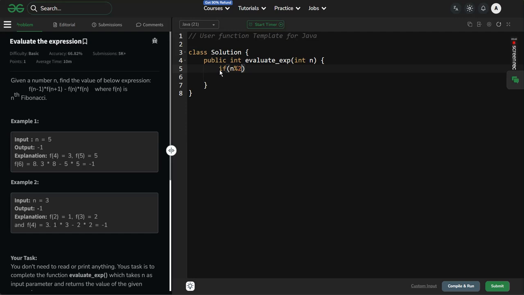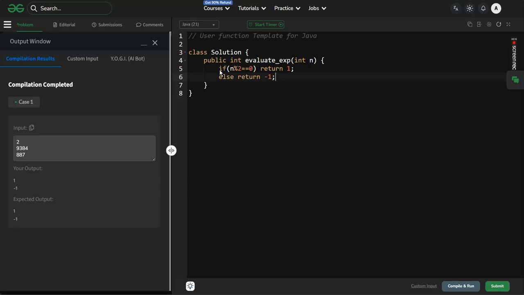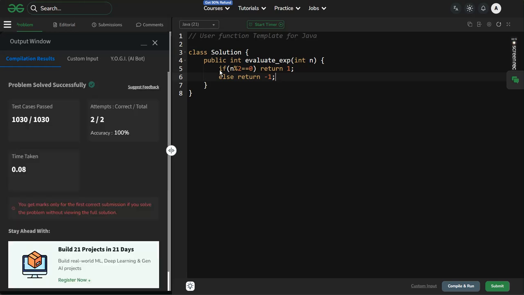If the remainder of the number with 2 is 0, then it is even, so return 1, else return minus 1. We can see the sample test case is passed, and the hidden test cases are also passed.